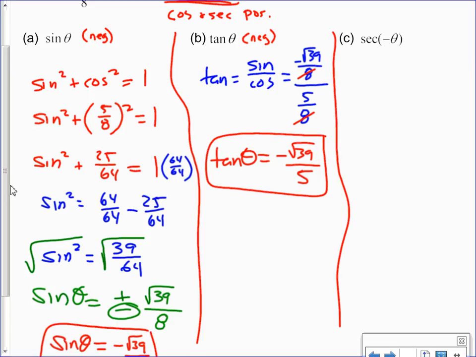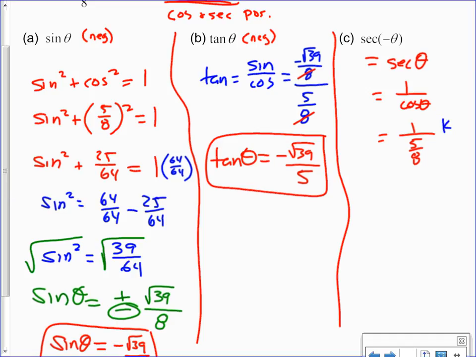Okay. Same thing, except this time we have secant of the negative angle. Remember that secant is an even function, so this is the same thing as secant theta, right? Secant theta is 1 over the cosine, so that means it's 1 over 5 over 8, right? So, I know I keep saying keep, change, flip, but I still get that questioning look in people's eyes.